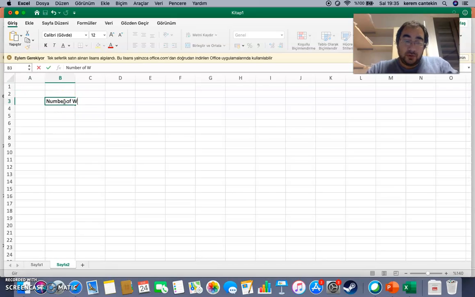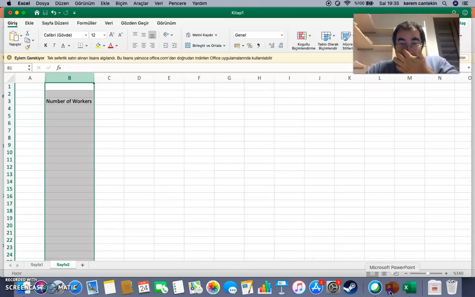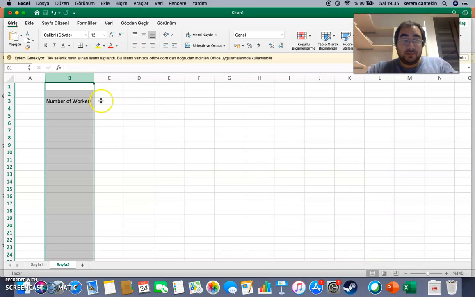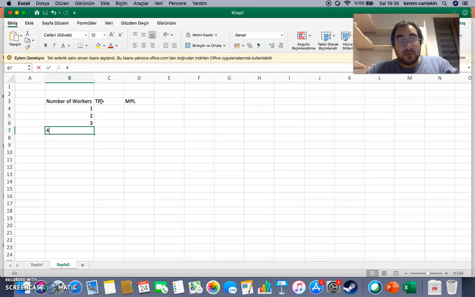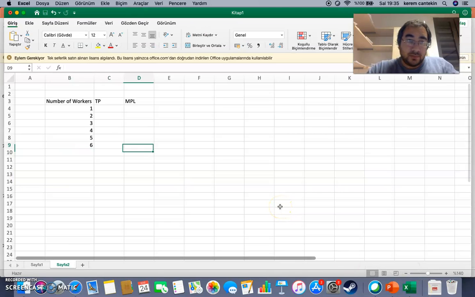Number of workers. And then we have total product. We will calculate then marginal product of labor. 1, 2, 3, 4, 5, 6, I believe, maybe 5, 6, 20, 35, 46.